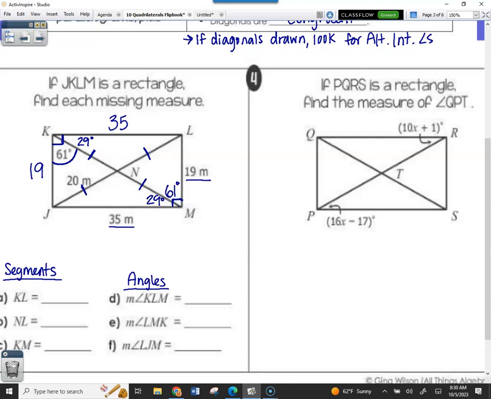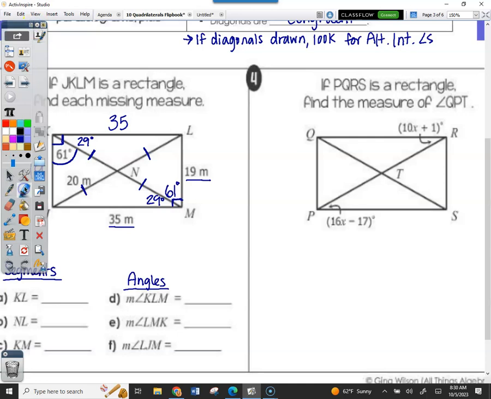Now we can keep going. Watch this. I need you to focus your attention right here. What shape is that? It's a triangle. What type of triangle? Isosceles. It's been a few weeks.